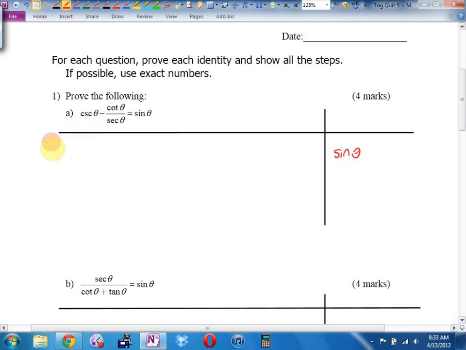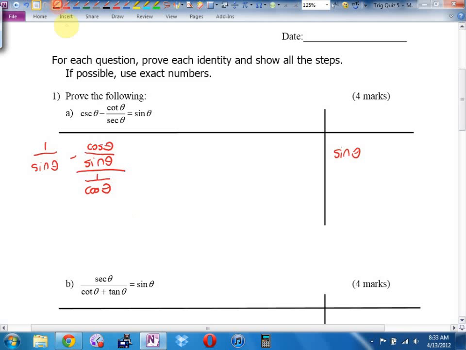Cosecant is 1 over sine theta minus cotangent is cos theta over sine theta, all divided by secant is 1 over cos theta. Hey, I have a 4-level fraction. It's 1 fraction, Trevor, over 1 fraction, so I can say, how do I divide by 1 fraction, flip it and multiply? I don't need to use that complex fraction trick.